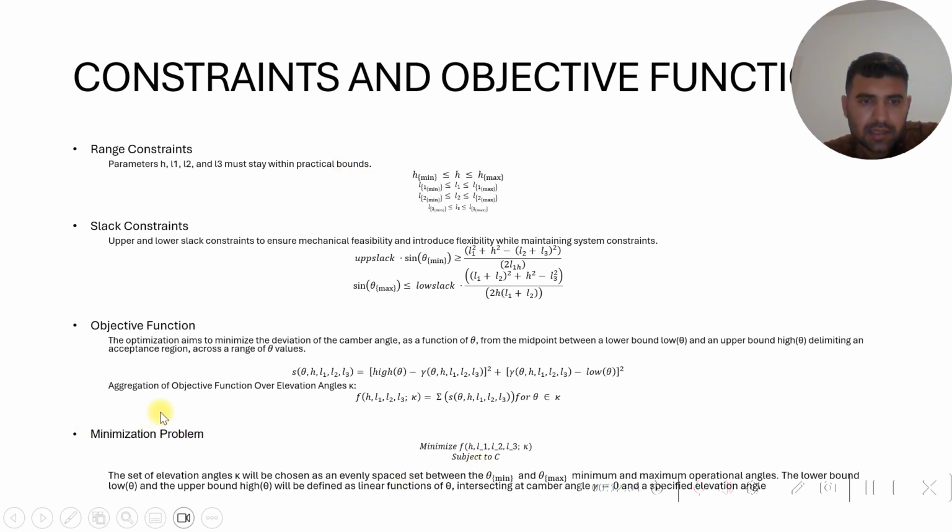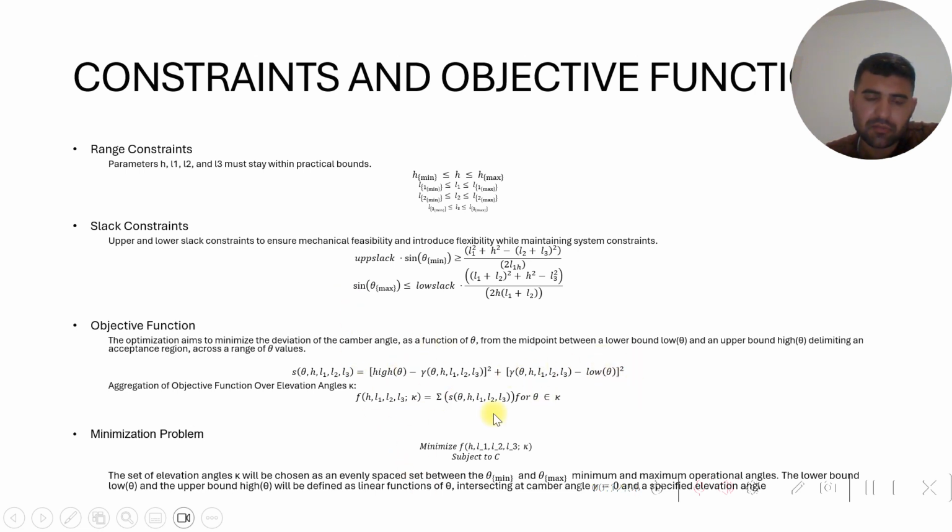So here's the aggregation of the objective function over elevation angle kappa. This is theta high, the maximum, with this objective function, camber angle with all these values, minus the low one.